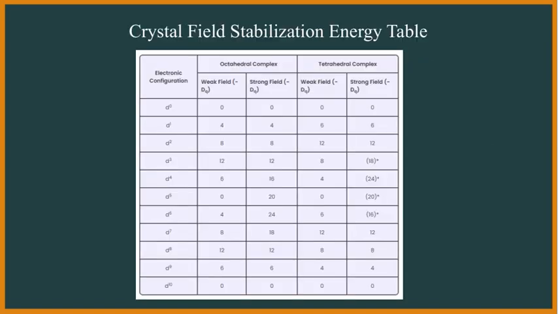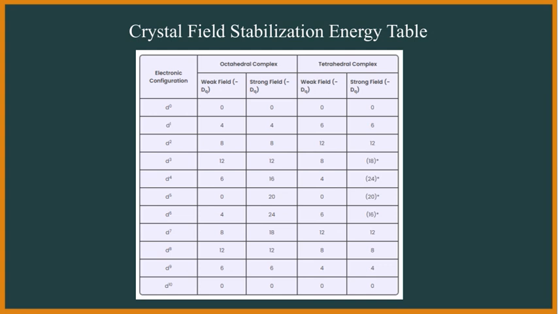Let's take a closer look at the crystal field stabilization energy table. This table is crucial because it helps us understand how the energy levels of d orbitals change when ligands approach a transition metal ion. Essentially, it shows how different electron configurations influence the stability of a complex. The key points to note here are the values assigned to various configurations, which tell us how much stabilization or destabilization occurs.